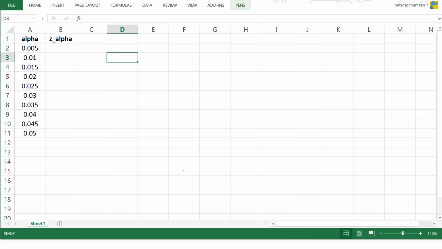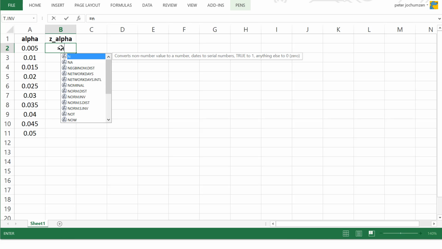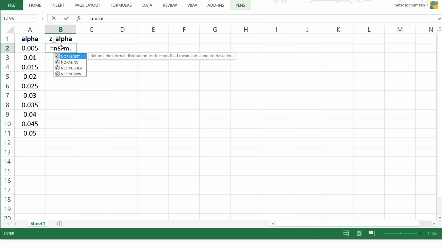You can find the critical values using Excel by just doing norm dot the standard normal and the inverse. There's no right-hand tail here, so we have to do 1 minus the alpha to get the z value, and copy this down.